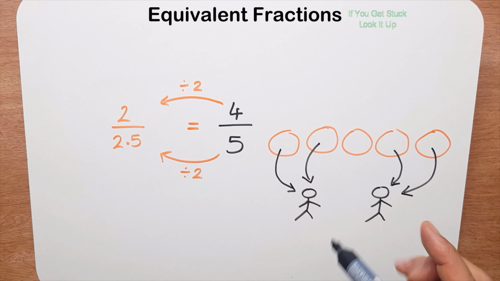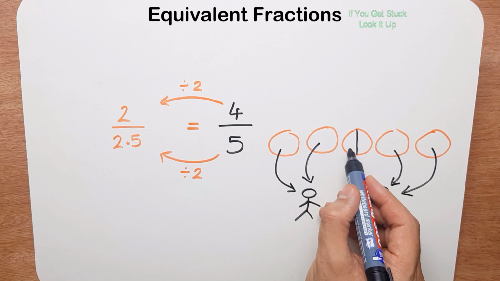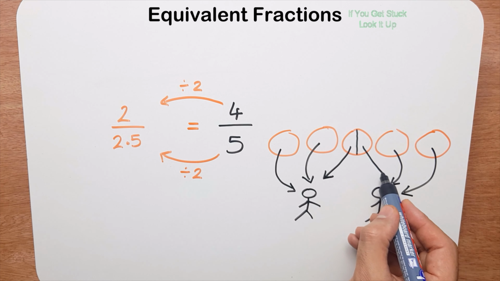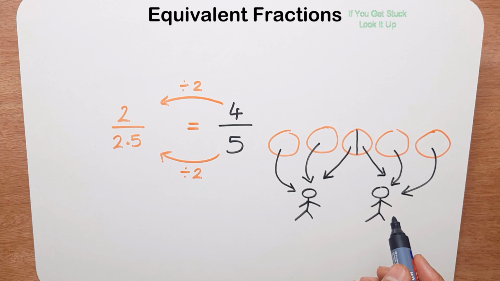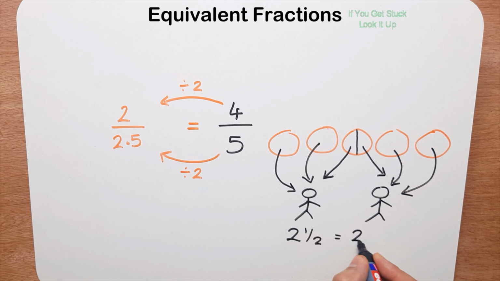I've got one left. So what I'm going to do is cut this into 2. I'm going to give A half an orange. I'm going to give B half an orange. So now they both have 2.5 oranges each.